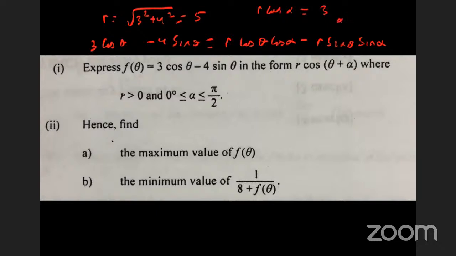So you could easily find alpha. Alpha will be cos inverse 3 over 5. So your final answer is 5 cos(theta plus, how much did you all get for 3 over 5? 0.927. Nice. So that is your f of theta.